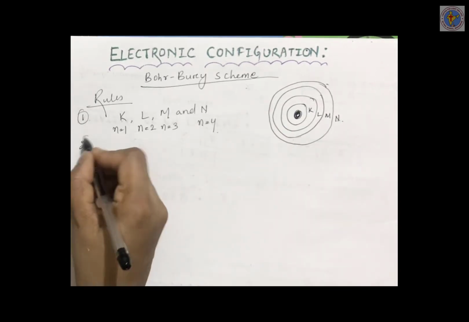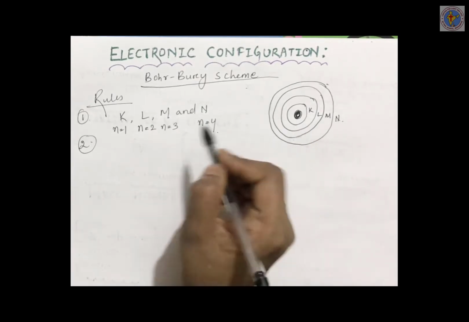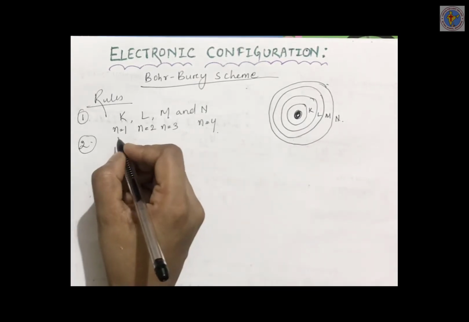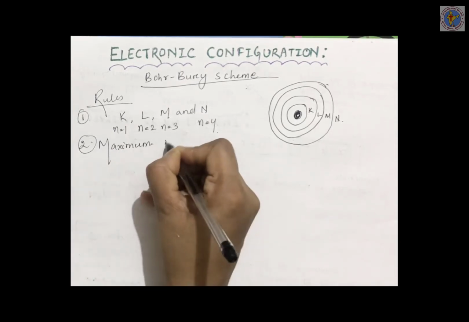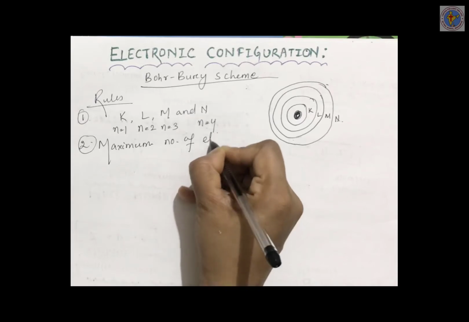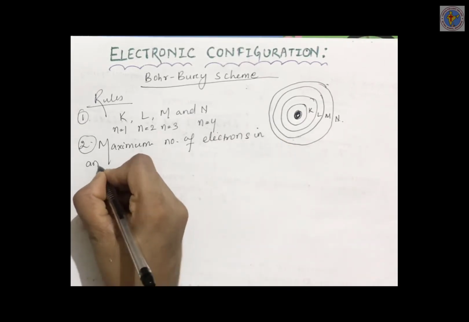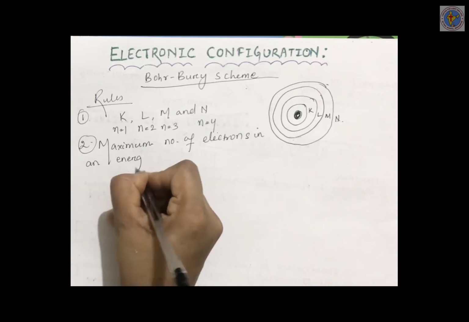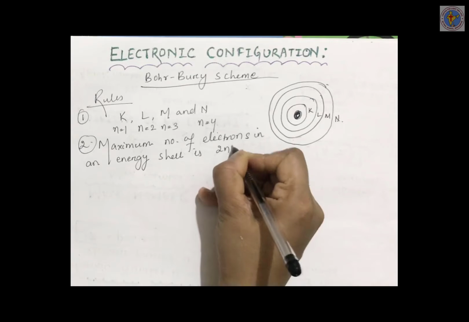Now the second rule. The maximum number of electrons in an energy shell is given by the formula 2n square.